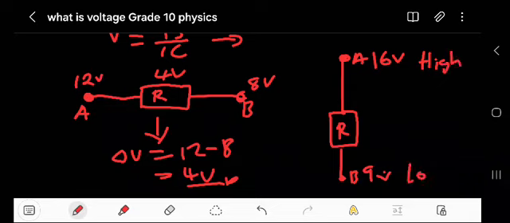So it will always flow from high potential to lower potential. Then the electrons will flow in the opposite direction. Here there will be a current flowing from higher potential to lower potential. This is what you're supposed to know.